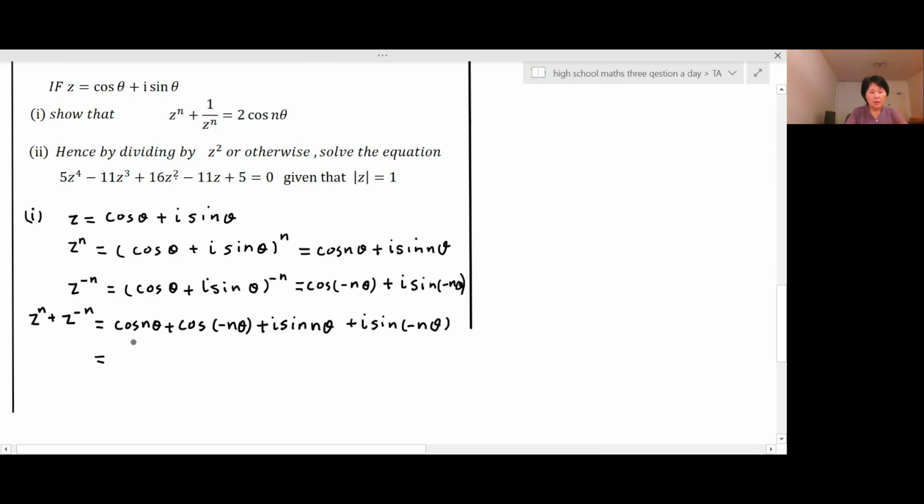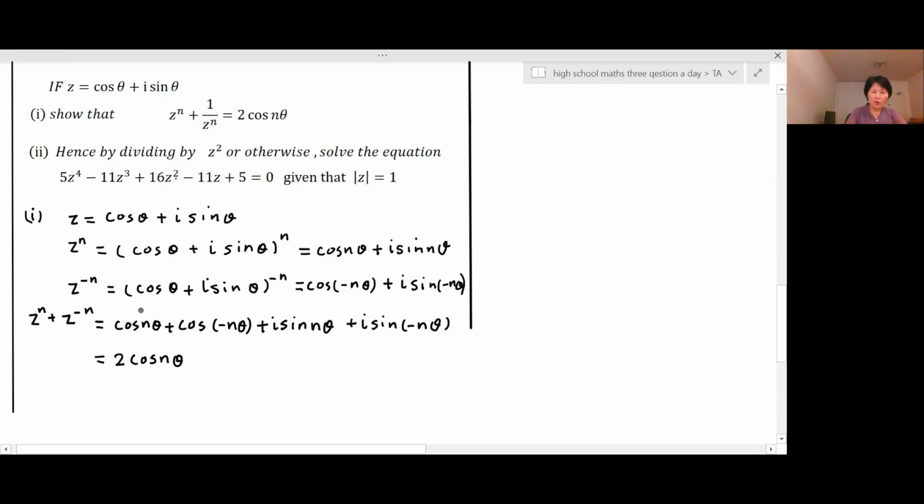So this will be equal to cosine n theta plus another cosine n theta, equal to 2 cosine n theta. Then sine is an odd function. When you see the minus, you can move it to the front. So it means i sine n theta minus i sine n theta will be equal to 0.